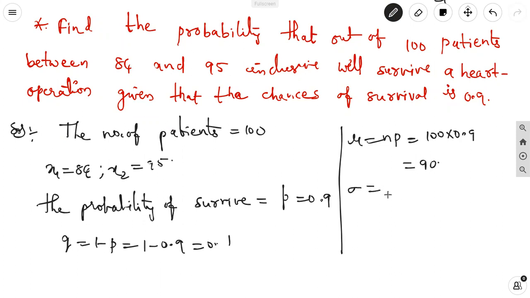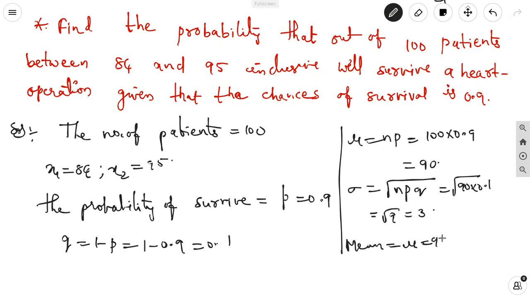Sigma is equal to the square root of npq, that is 90 into 0.1, which is root 9, equal to 3. That is the standard deviation sigma and mean mu. So the mean is mu equal to 90, and the standard deviation is sigma equal to 3. These are what we have to know.